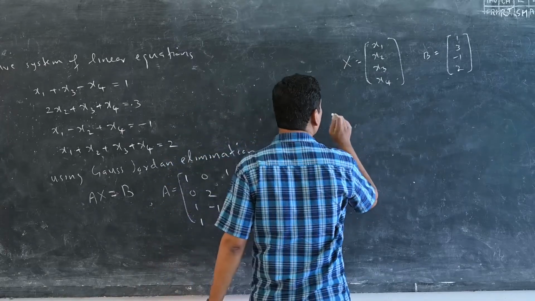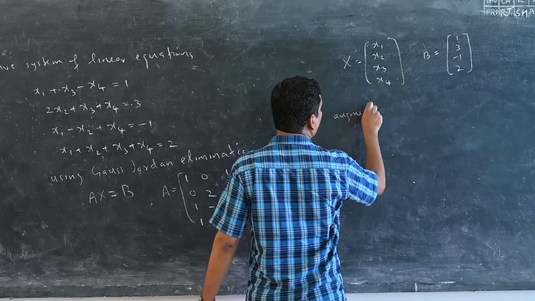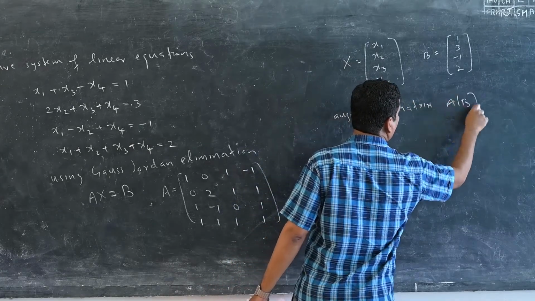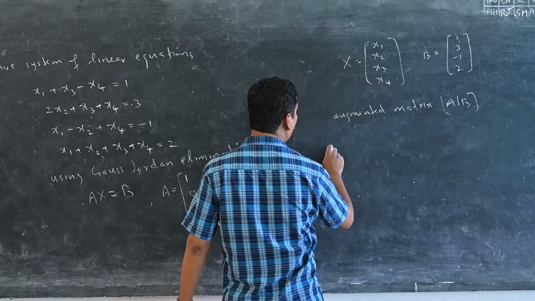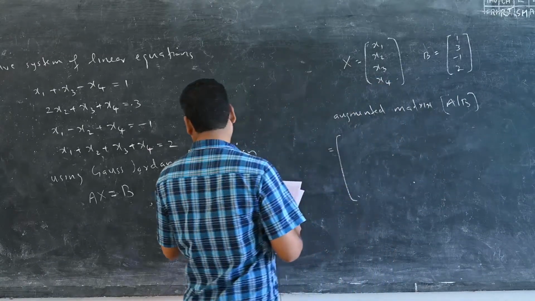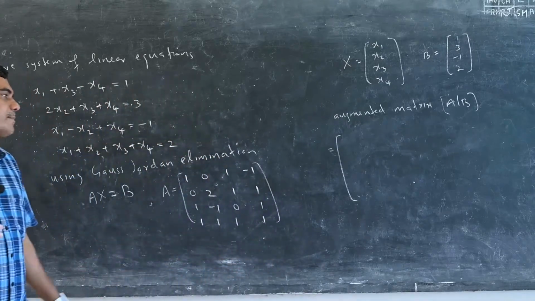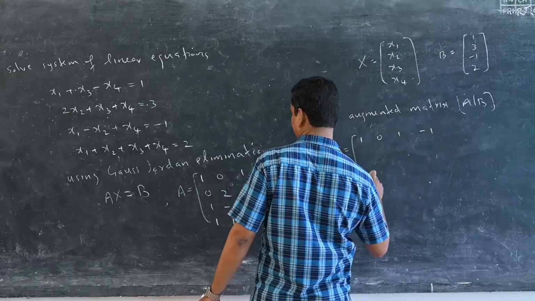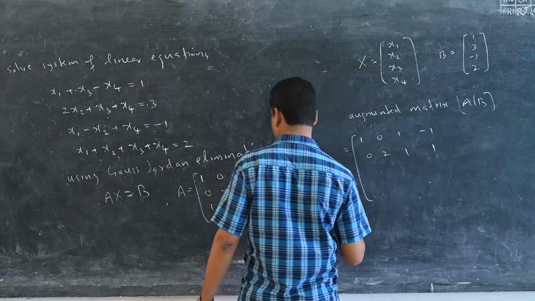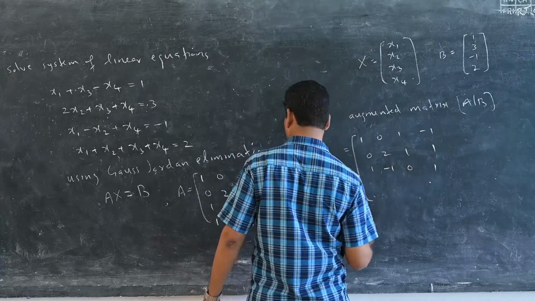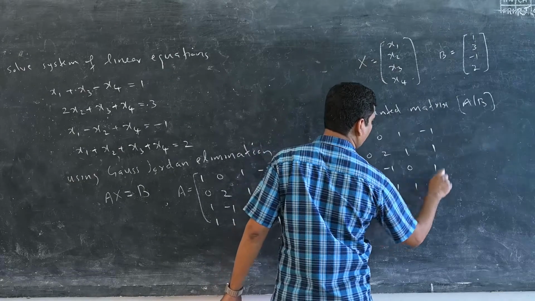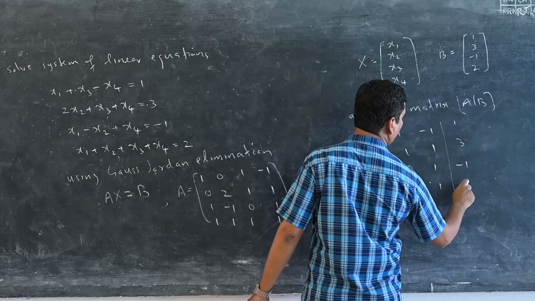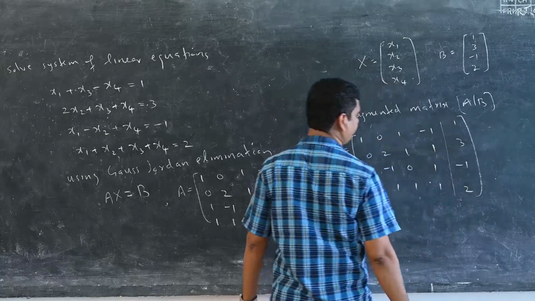Now the augmented matrix AB: place the constant matrix B to the right of A. 1 0 1 minus 1, 0 2 1 1, 1 minus 1 0 1, 1 1 1 1, and the constant matrix B is 1, 3, minus 1, 2.